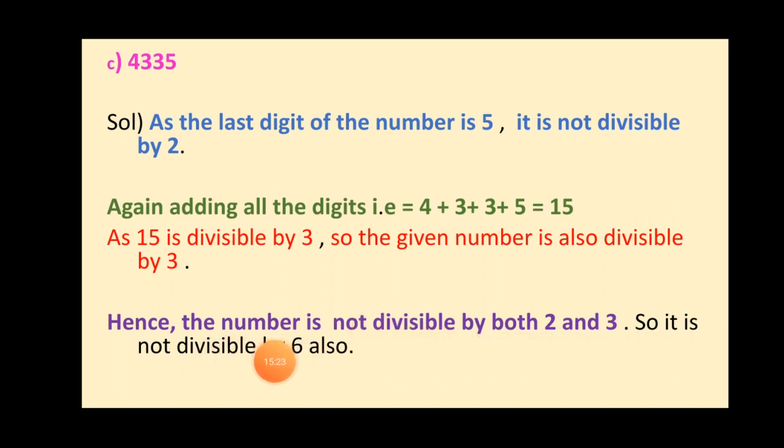So it is not divisible by 6 also. To have divisibility by 6, the given number should be divisible by both 2 as well as by 3, then only it gets divisible by 6.